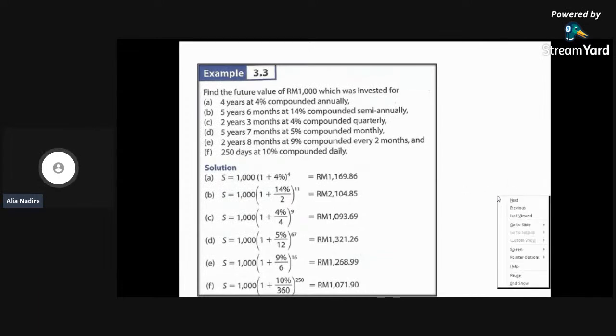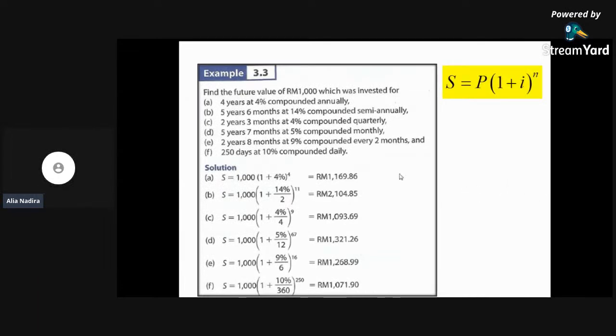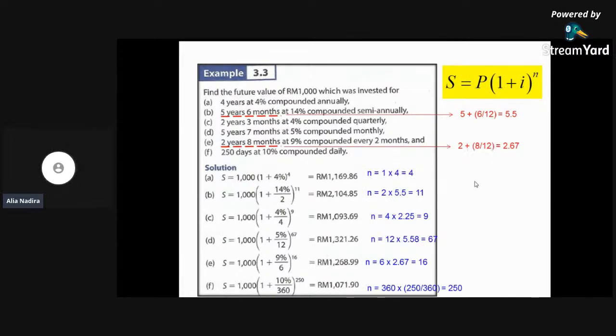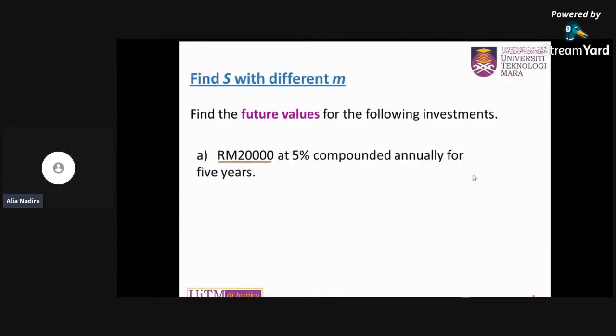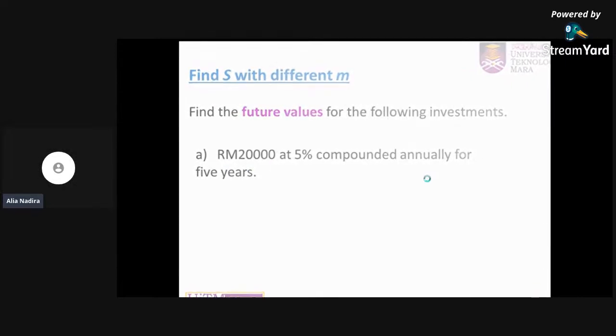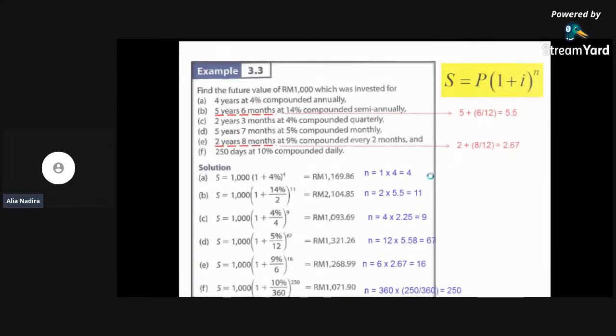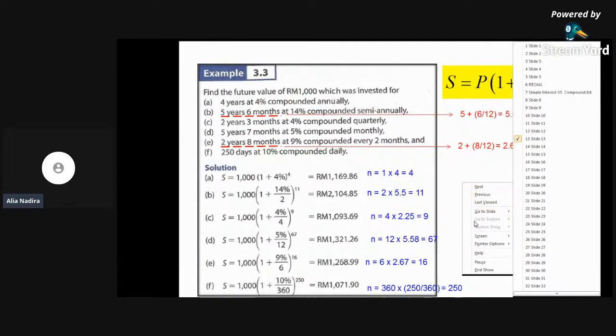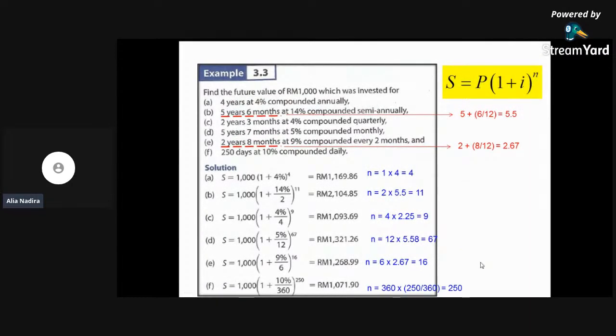Okay, so now let's look at the calculation. Okay, so we are going to use this formula, which is S equal to P(1 plus I) to the power of N. Okay, so for the first one, we want to find the future value of 1000.